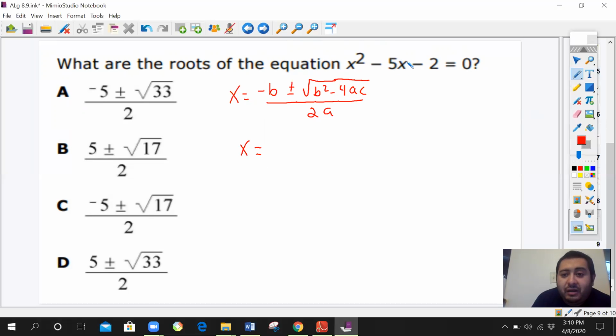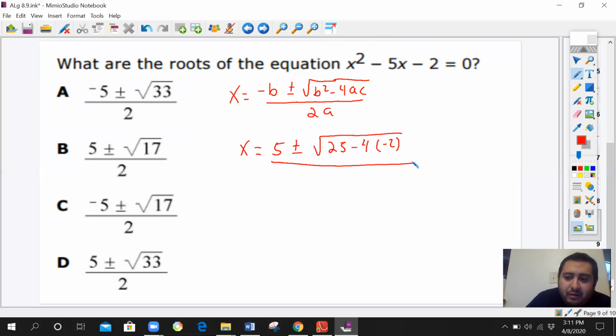Our b is going to be negative 5 and another negative, so you have a 5 plus and minus. Negative 5 squared is going to give us 25 minus 4. Your a is 1 and your c is negative 2. I'm just plugging in the numbers mentally. By now you should know what's going on. And on the bottom you have a 2.